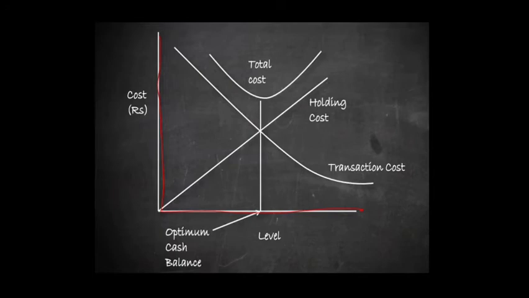But what we want is an optimum level of cash where both the holding cost and transaction cost are at their optimum, so the total cost is at its minimum.